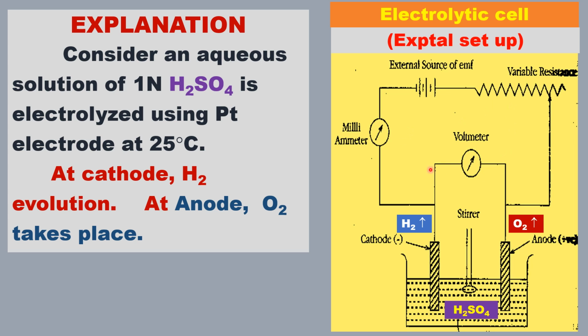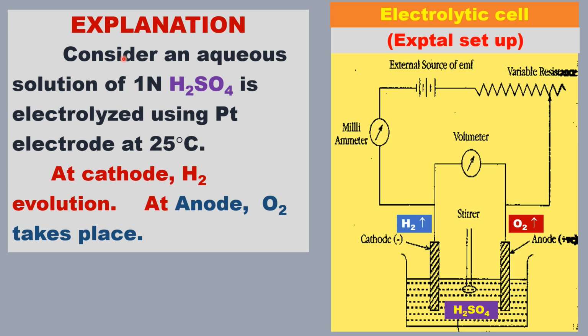Okay, a voltmeter and ammeter are used to measure current and voltage passing through the electrolytic cell. Let us consider there are two electrodes and a stirrer, and one normal H2SO4 is the electrolyte.